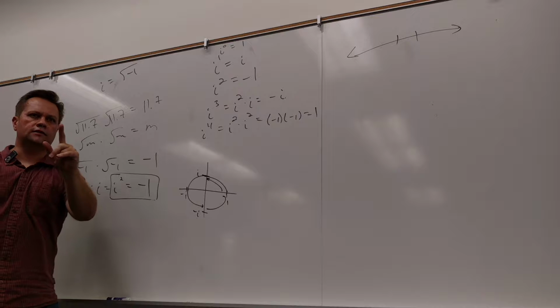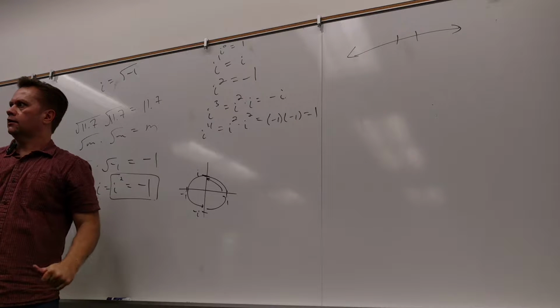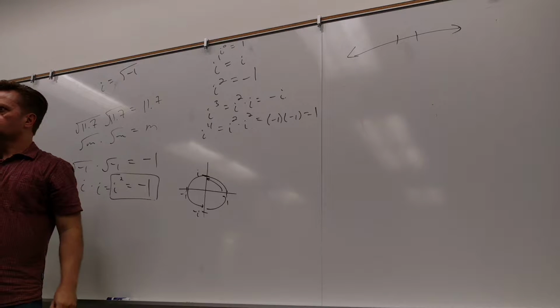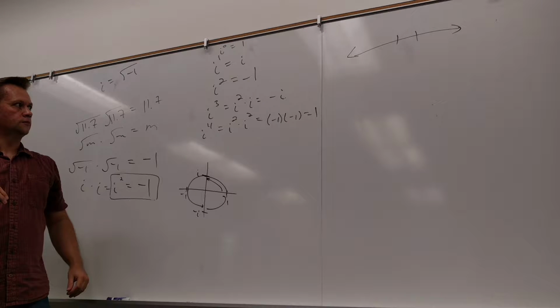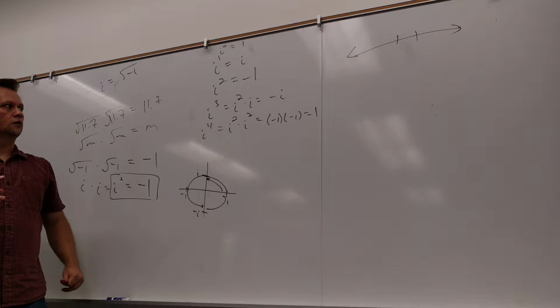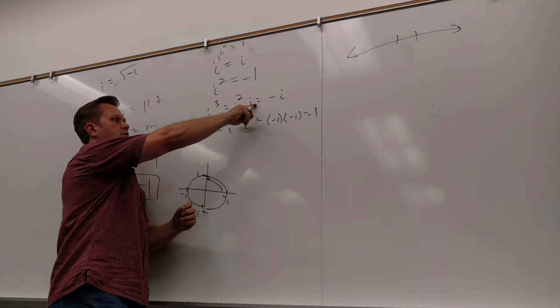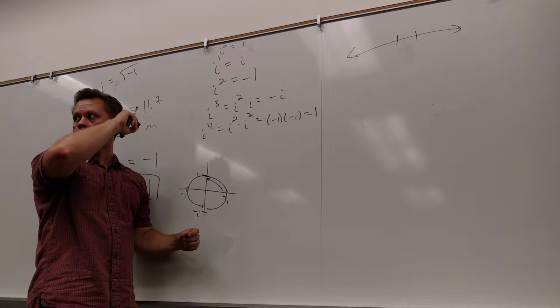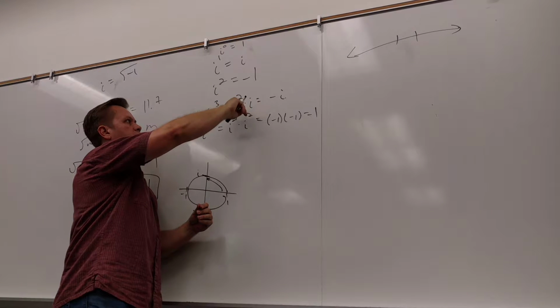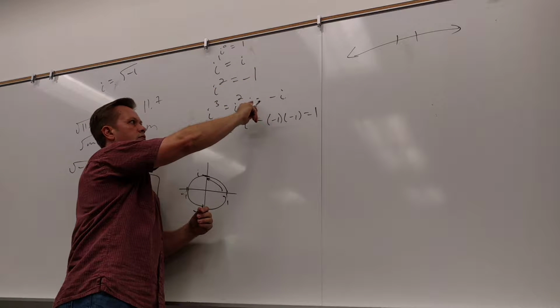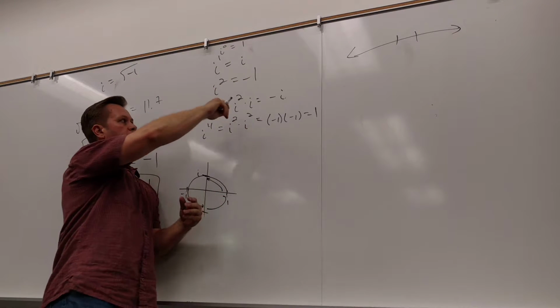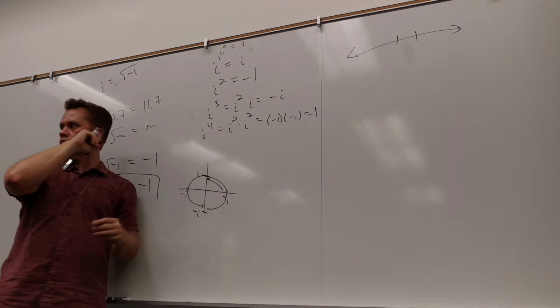So let me see if you guys can see a shortcut here. I cubed is I squared times I, right? Cool. I squared is -1. I is I. So -1 times I is -I.